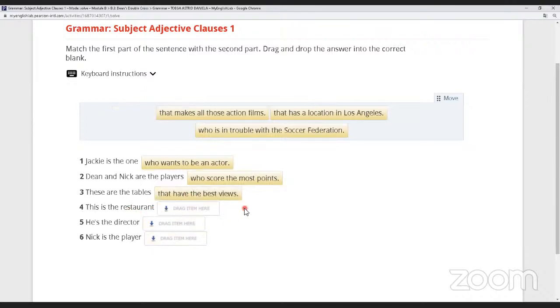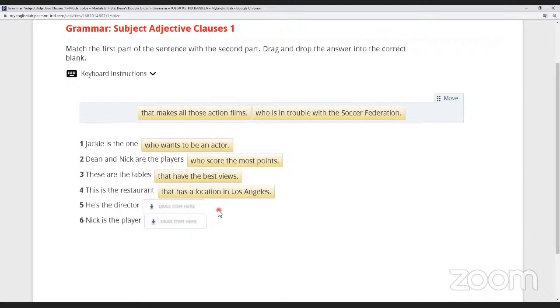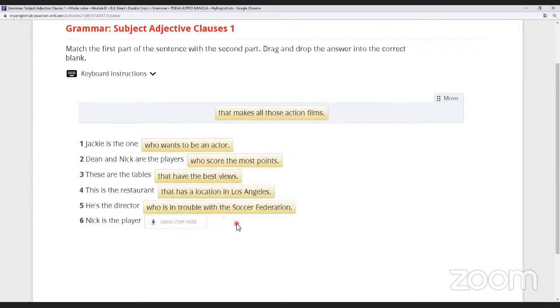Okay. This is the restaurant that has a location in Los Angeles. He is the director who is in trouble with the soccer federation. Okay.